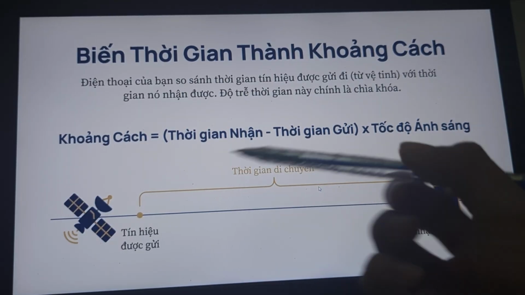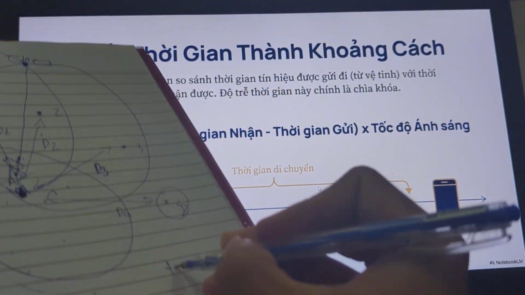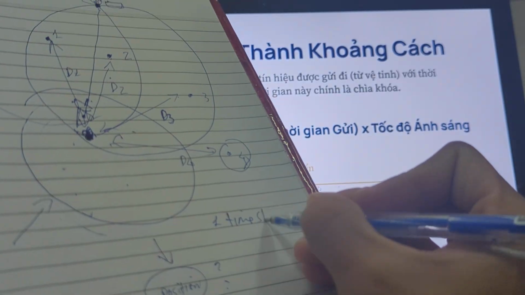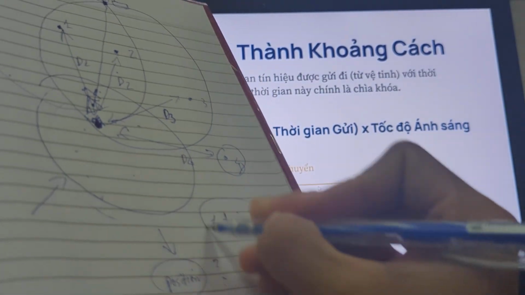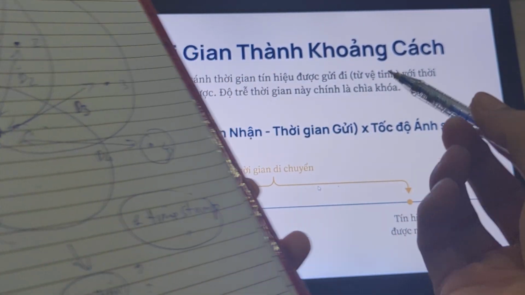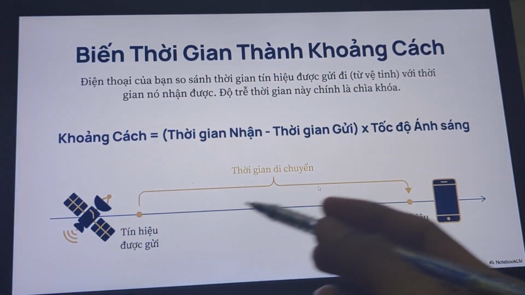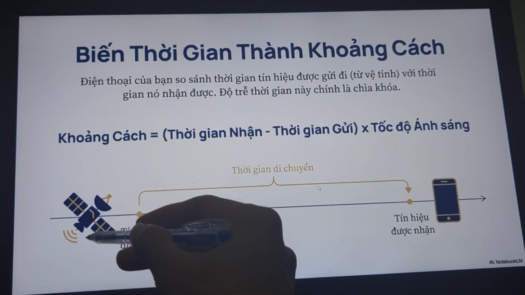The first is the timestamp, which is important. And the second is the exact position of the satellite.